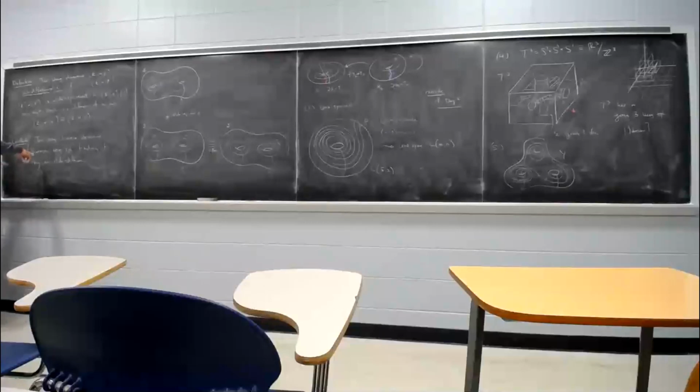I guess this isn't something I really talked about before, because I said we consider Heegaard splittings up to isotopy of the Heegaard surface. We can also, if we're handed two different manifolds with Heegaard splittings, ask if there's a diffeomorphism of the manifolds that takes the pieces of the Heegaard splitting onto the pieces of the Heegaard splitting, and in particular takes the Heegaard surface onto the Heegaard surface.